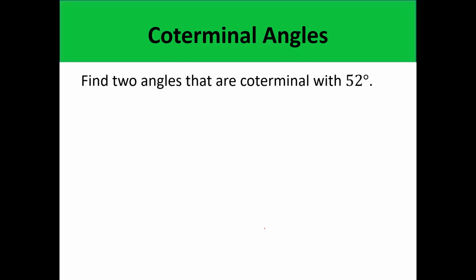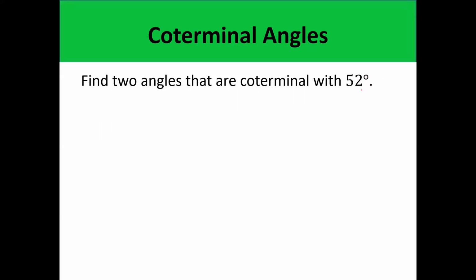Find two angles that are coterminal with 52 degrees. Actually, there are a lot of angles that are coterminal with 52 degrees because we can get one by adding 360 degrees. And then we can also have another coterminal angle wherein we add 2 times 360 degrees.